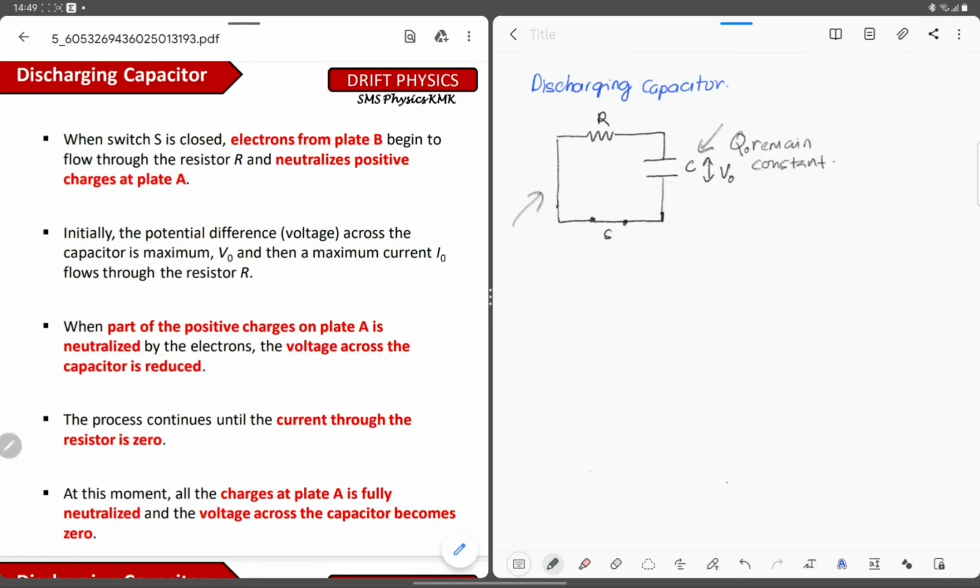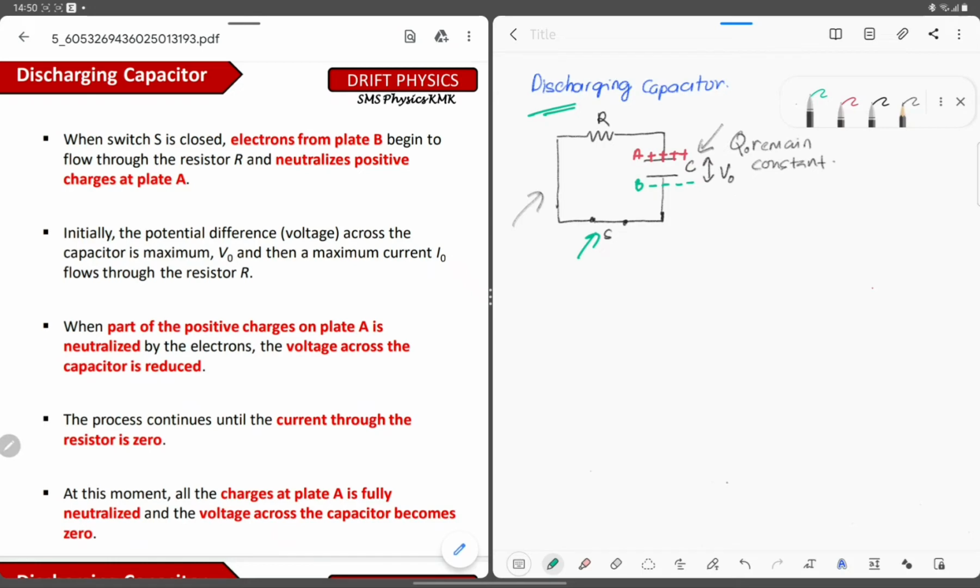Then we know when it's fully charged, plate A of the capacitor becomes all positive, and plate B, I'm using a different color, is all negative.